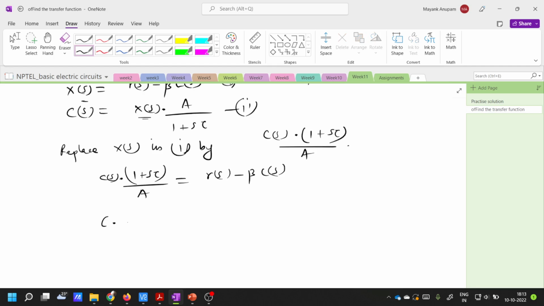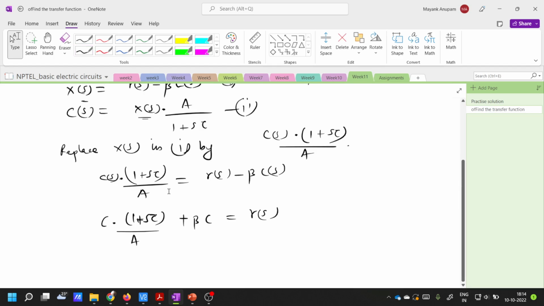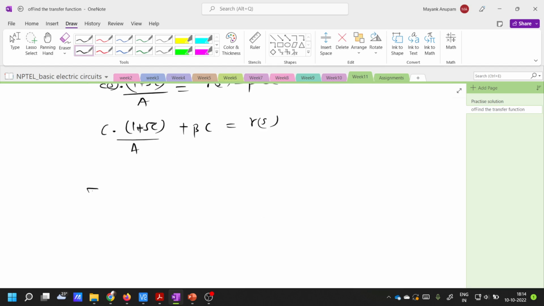So it is C multiplied by 1 plus S tau divided by A plus beta times C is equal to R of S, right? So we'll take C common: 1 plus S tau plus A times beta divided by A is equal to R of S.